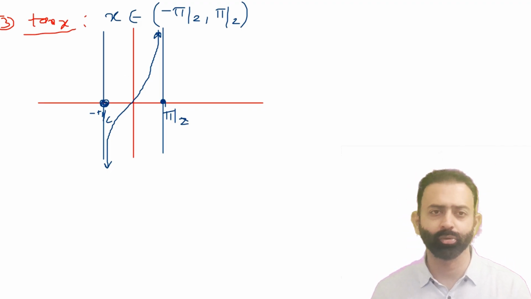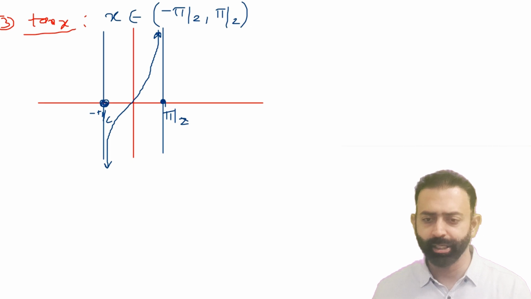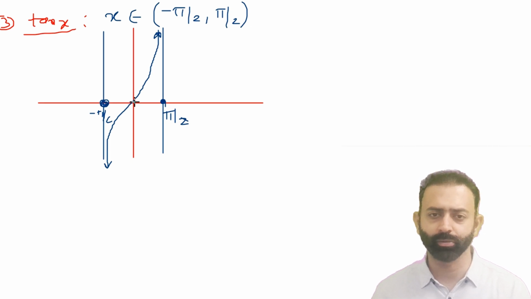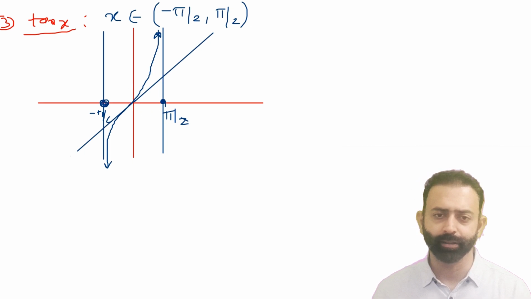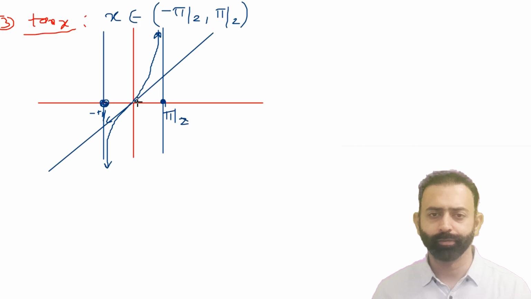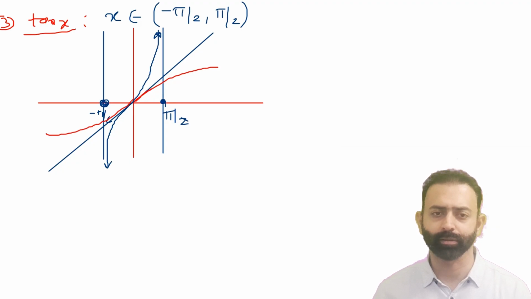Now we are in a position to actually sketch the line y is equal to x. This is y is equal to x. Having drawn this, let us obtain the mirror image to get tan inverse x. So it will be like this and like this.